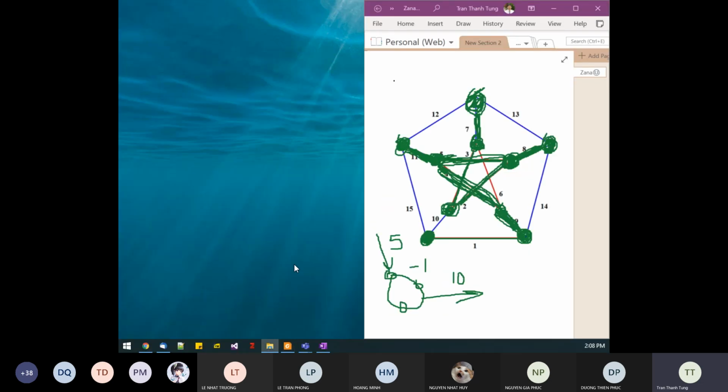I have a file with all the examples here. Where's my file? Sorry, one second.